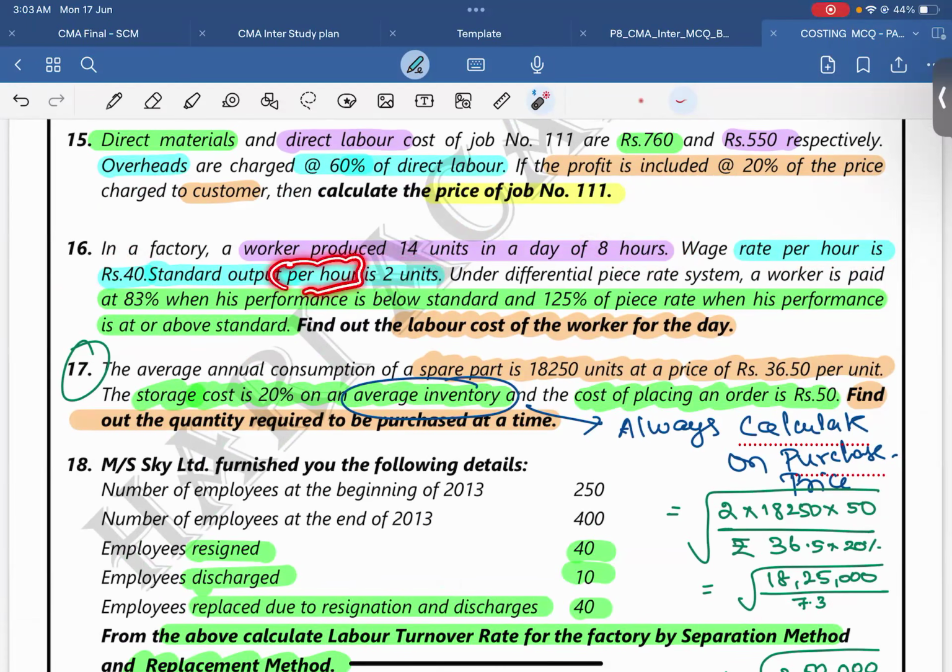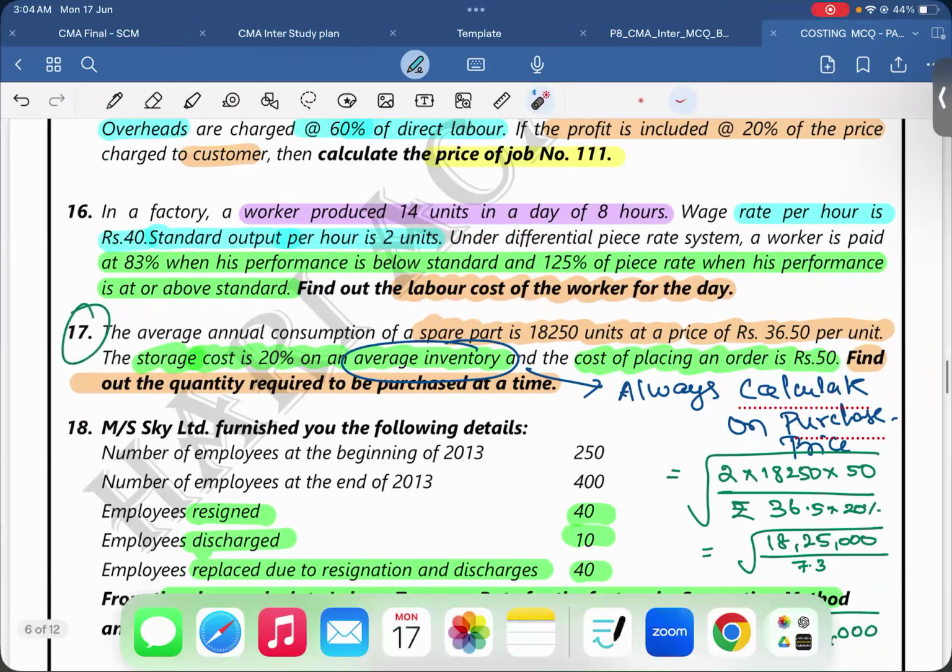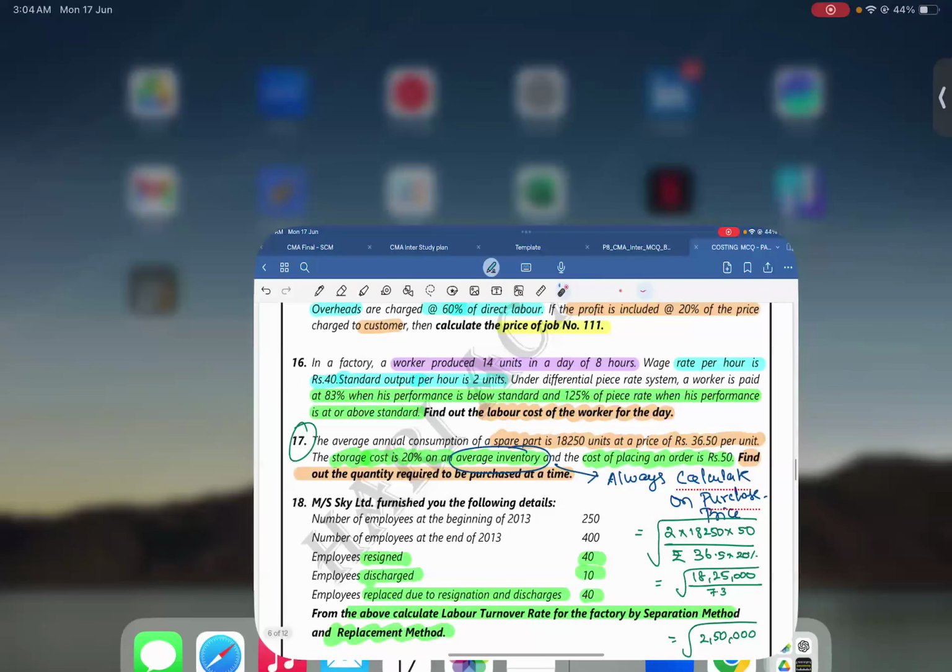Under the differential piece rate system, a worker is paid at 83% when his performance is below the standard, and 125% piece rate when his performance is above the standard. Find out the labor cost of the worker for the day. Labor cost means they are asking the total value of that cost.